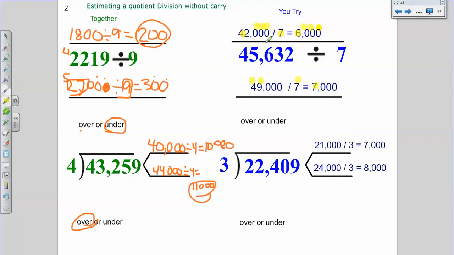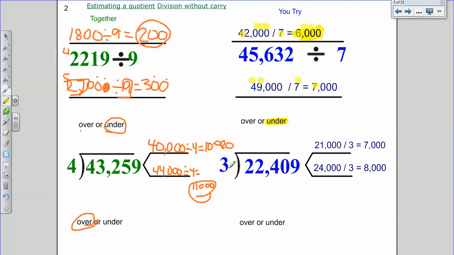So which one of these is going to be a better estimate? 45 minus 42 is 3. 49 minus 45 is 4. So we're going to say that the underestimate is better. And so my underestimate would be 6,000.